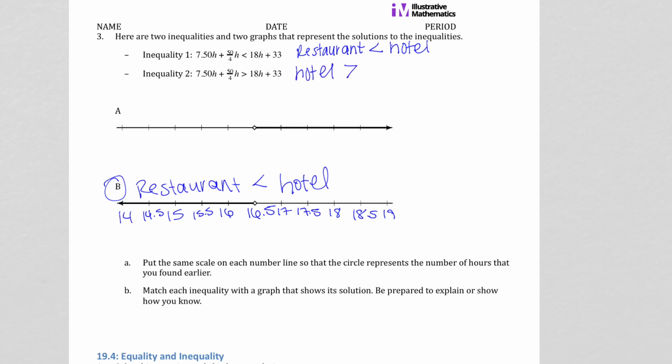The next one we have is saying the restaurant pays more than the hotel, sorry, I keep wanting to say hotel first. So that is going to be A. So the restaurant is greater than the hotel.